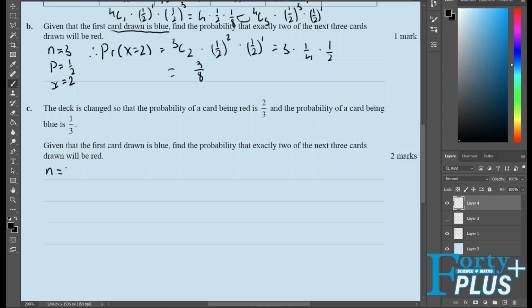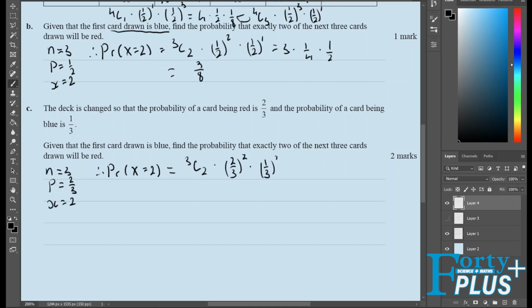So n is still equal to 3. P, the probability of a card being red, is now equal to 2/3. And we still want to find the probability that 2 of the next 3 cards will be red. So, therefore, the probability of x being equal to 2 is 3 choose 2 times 2 over 3 to the power of 2 times 1 minus 2 over 3, which is just 1 over 3, to the power of n minus x.